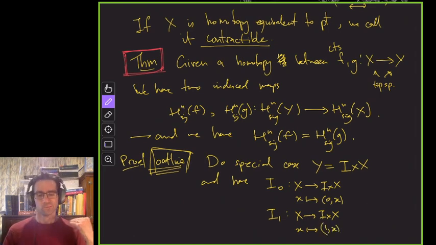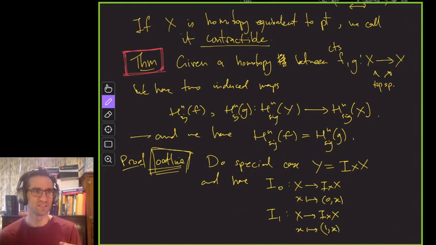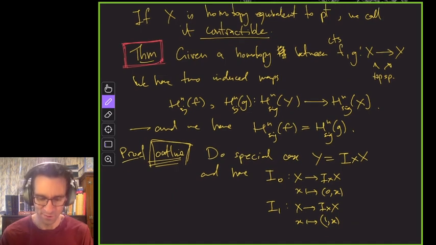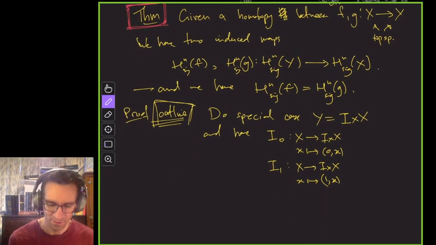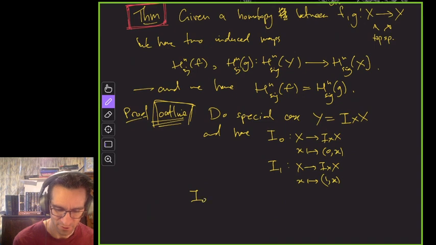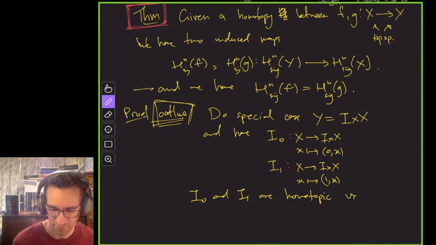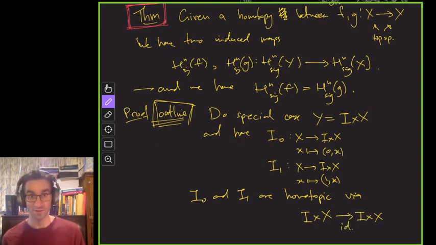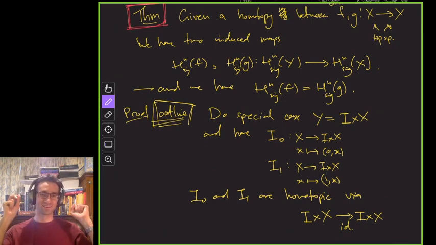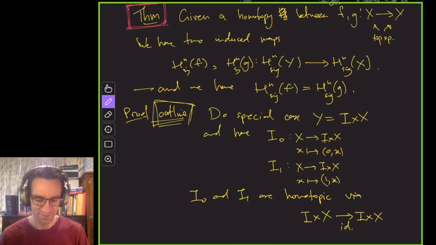Now you just prove it for the special case of these two maps, and there's a homotopy between them, namely, what's the function you can write down? It's the identity map. This is the homotopy between i0 and i1. So already you can see this is a massive simplification.